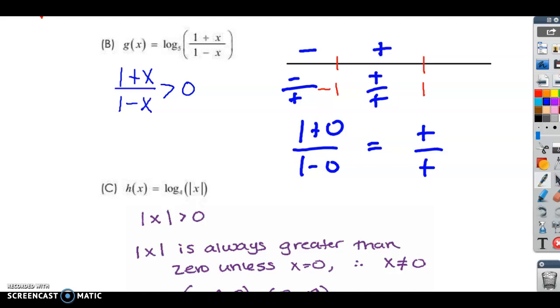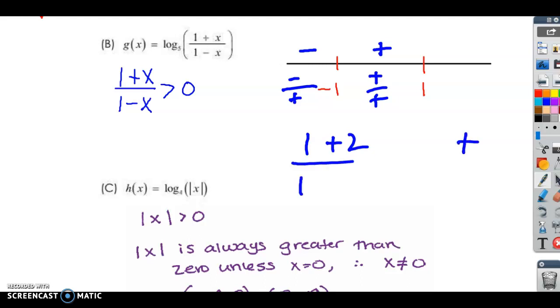And then we've got another turning point here. We've got an asymptote at 1, so we don't know which direction the graph is going on the other side of this 1. So let's go ahead and plug a number in, like 2, something above 1. 1 plus 2, that's going to be positive, over 1 minus 2, that's going to be negative. So this is a positive over a negative. That makes that interval negative.